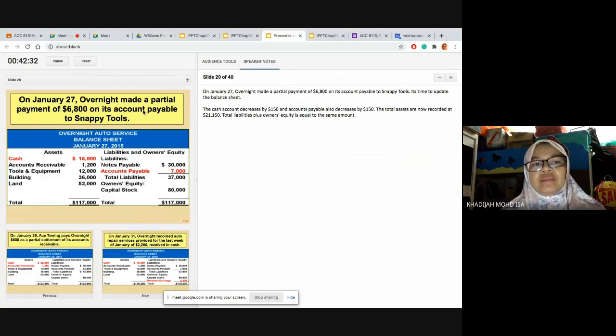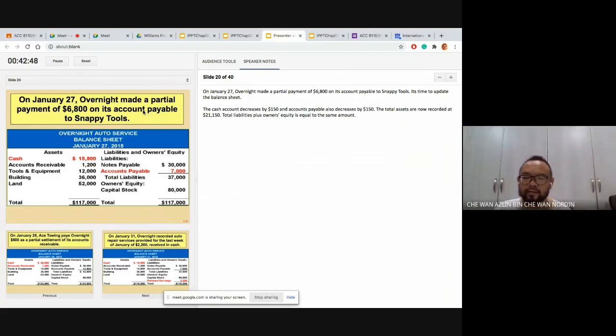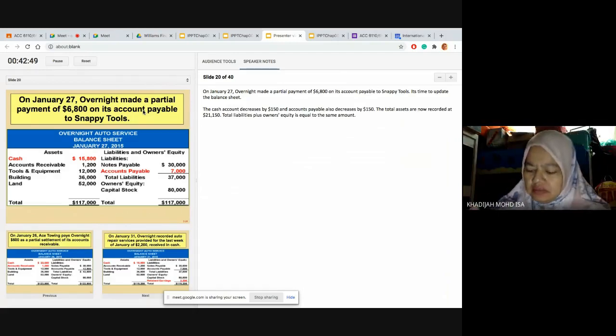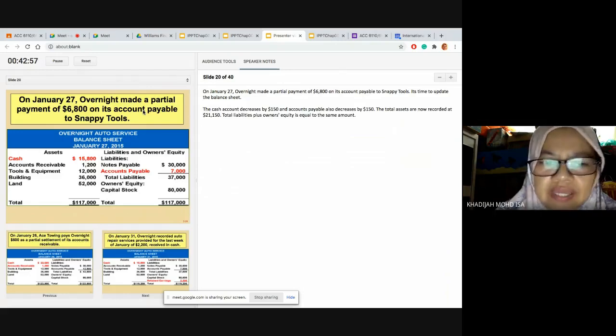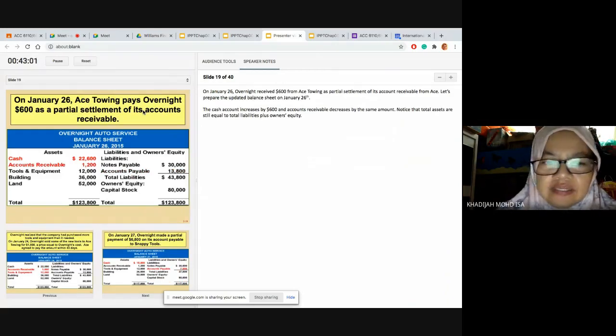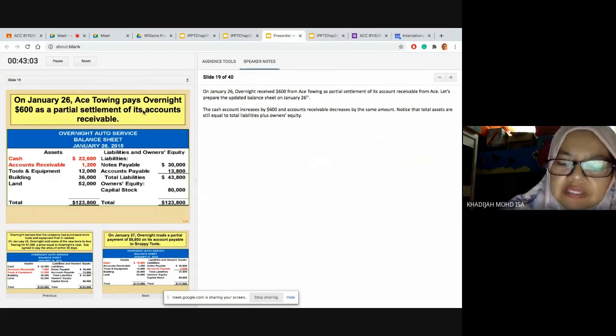And then account payable increases or decreases? When you pay accounts payable, accounts payable decreases. Decrease 6,800 and then the balance is 7,000. How much is the initial accounts payable? 13,800. See here? Before the transaction.